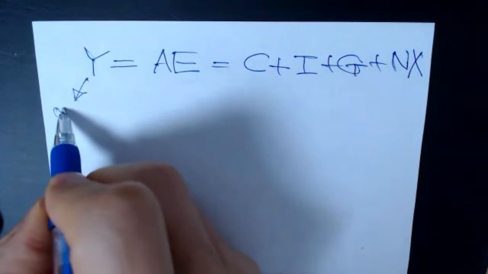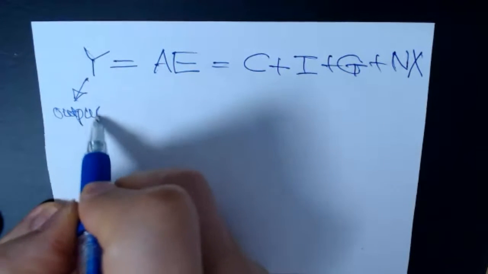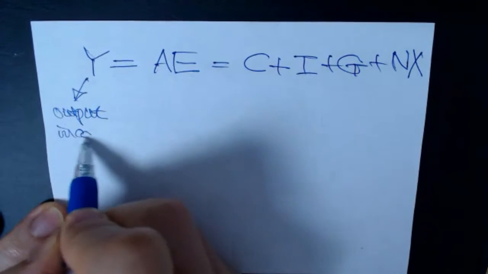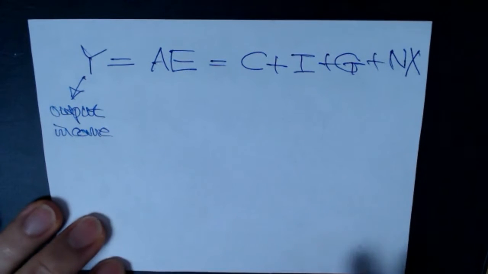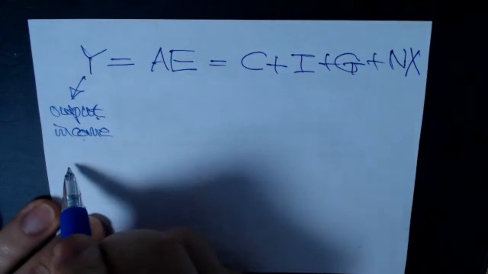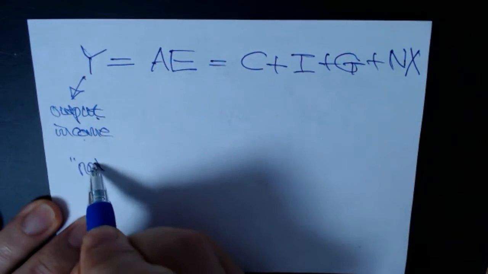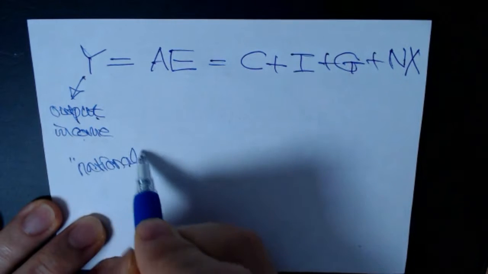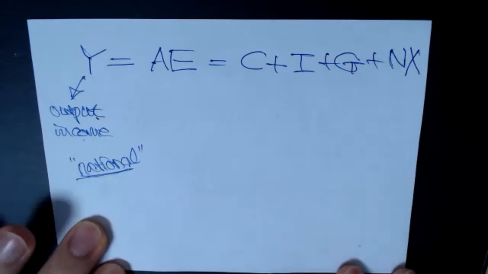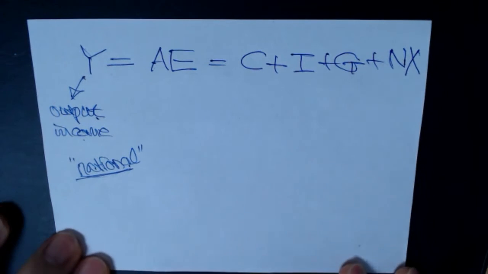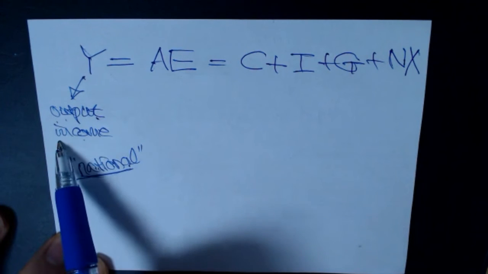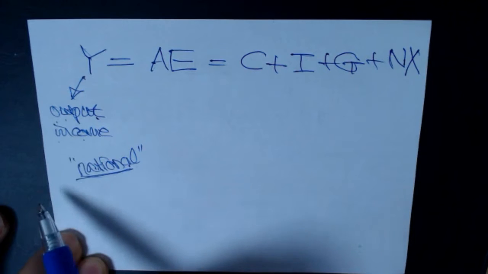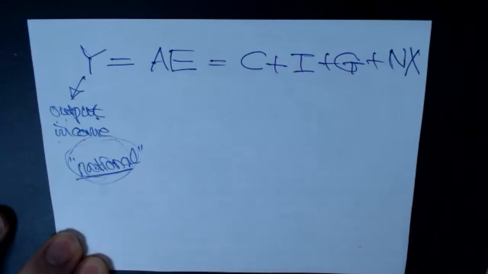Y is output or income. Whenever we talk about output and income, it always means national, because we're always talking about macroeconomy. So I'm not talking about the individual firm's output, individual firm's income, or individual household income. Always national income, national output.